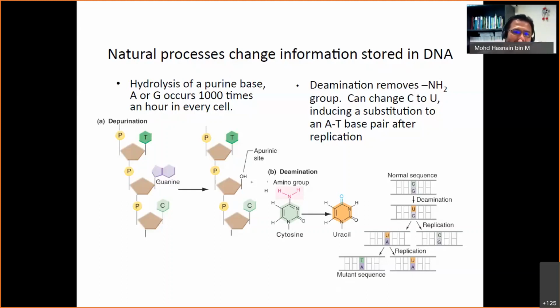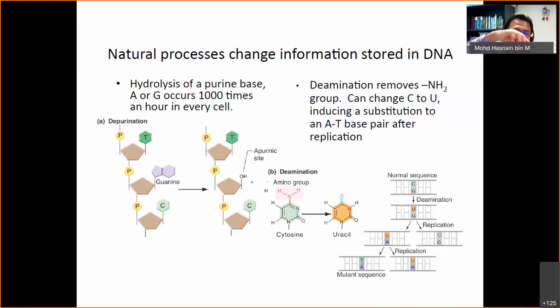So if replication is occurring now, what will attach to this uracil? It will be bound with what? Adenine, right?